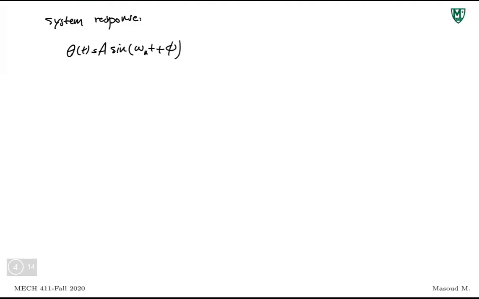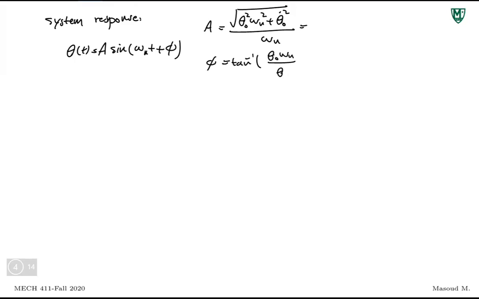So I have to find A and phi. Well, A would be the square root of theta naught squared omega n squared plus theta naught dot squared, all divided by omega n, and phi would be tan inverse of theta naught omega n over theta naught dot.